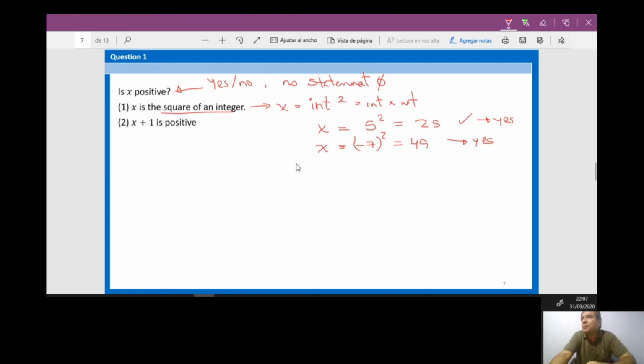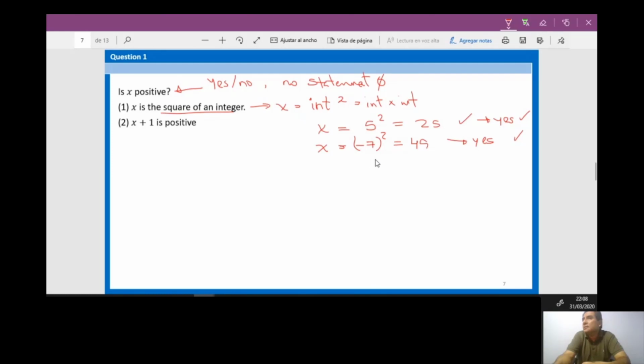But now, why, for example, Maria Pia thinks that the statement 1 is not sufficient? Could you please tell us, Maria Pia, why you think statement 1 is not sufficient? You can comment on that via the chat, or you can say it aloud. Because it doesn't have a unique response. As we are seeing here, the answer is yes in 2 cases we tried with these 2 different values.